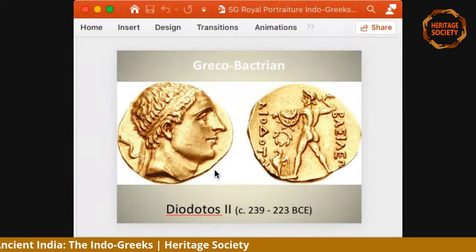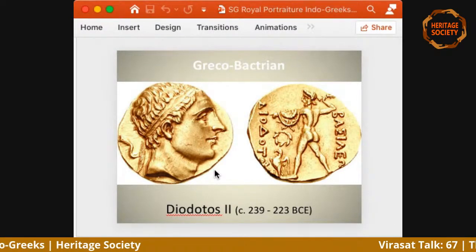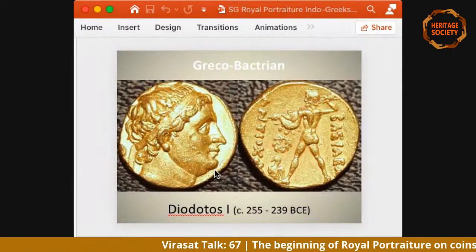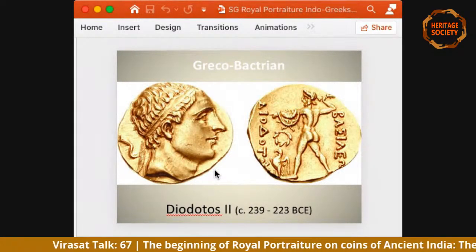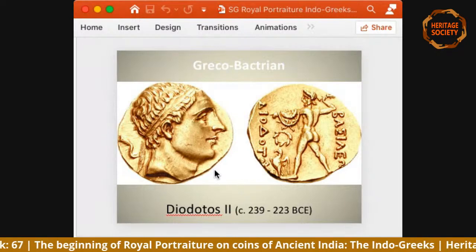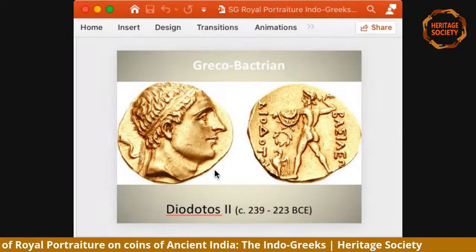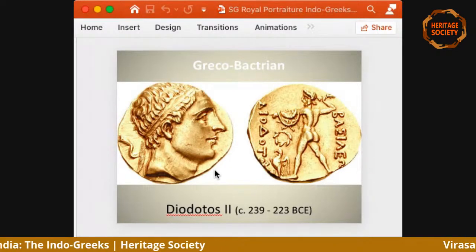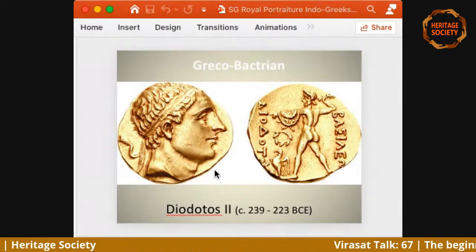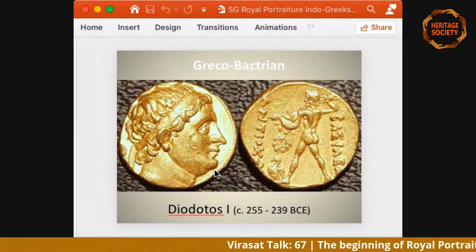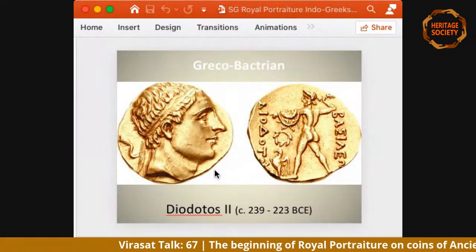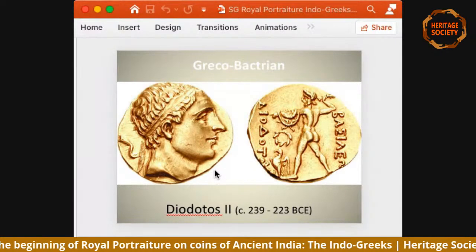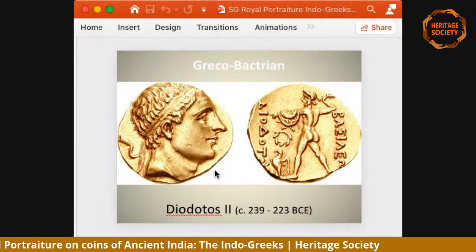I'll start with the reverse of this coin. The reverse is almost the same as this one: Zeus standing and hurling a thunderbolt. The legend is also the same, Basileos Diodotou. But here, if we see the obverse, he is definitely a different person, not the same person as this one. So the scholars attribute this coin to Diodotus II, who might have succeeded his father.